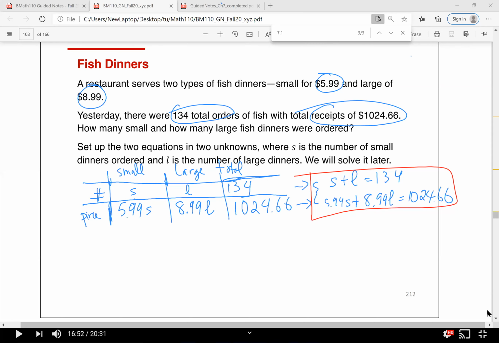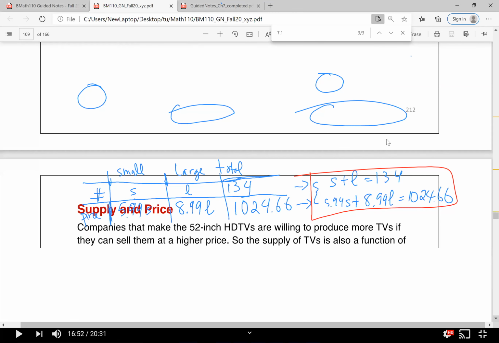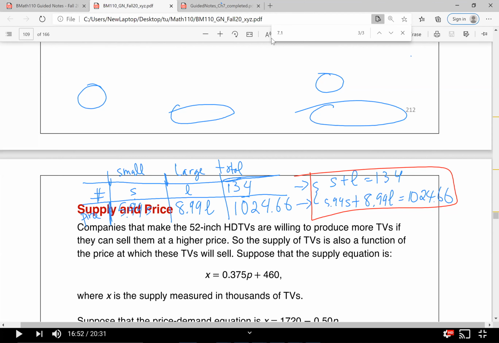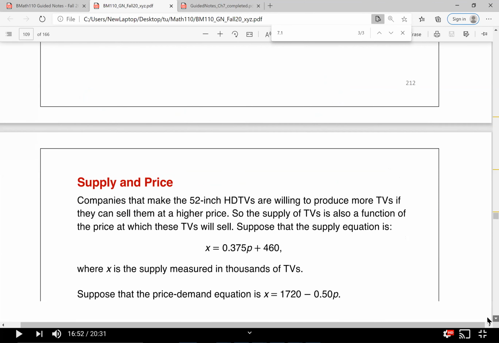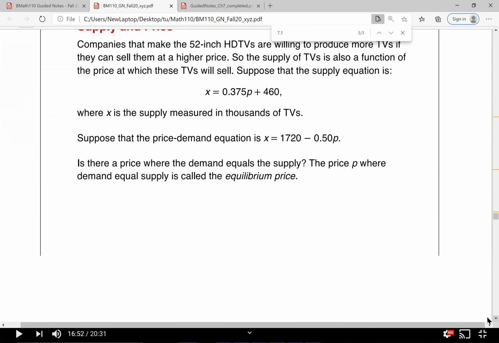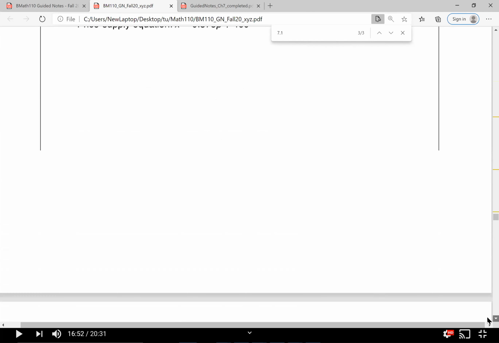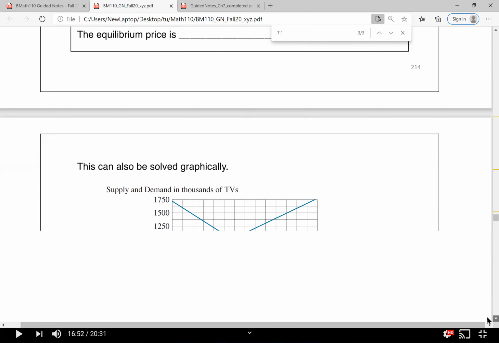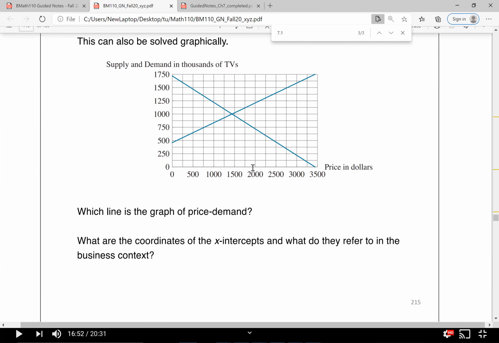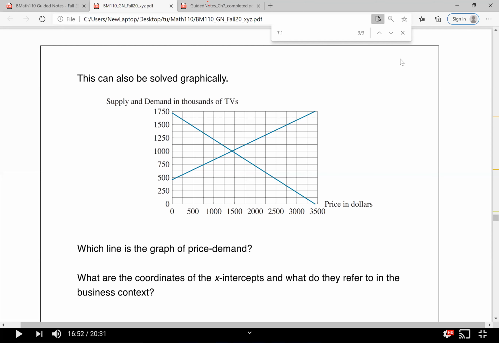Okay, so let's move down to the next page. So this we're done, this is also done, and we come to this part. Okay, so we come back to the problem of TVs.